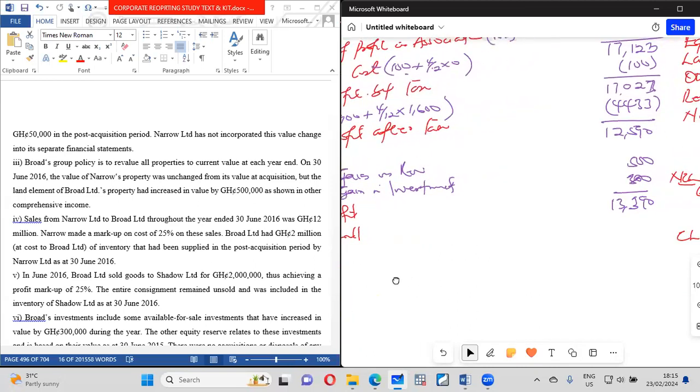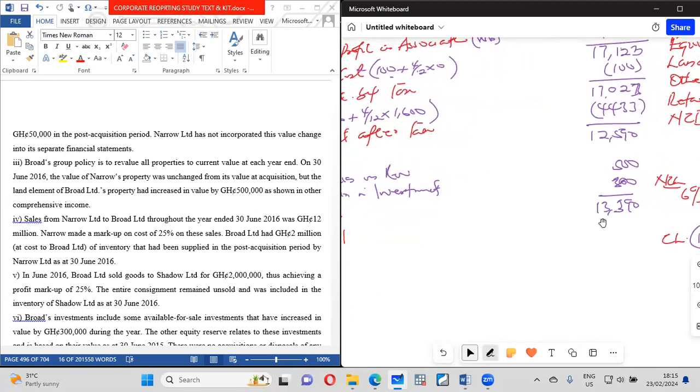NCI separately from the parent. You have to share the profit, so share. So we will do the CI and the NCI for the profit here. All right, we will do that one first.